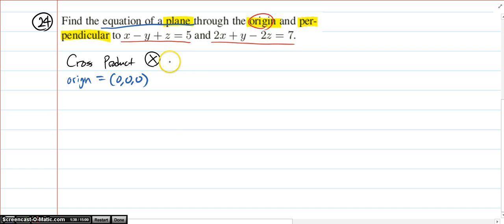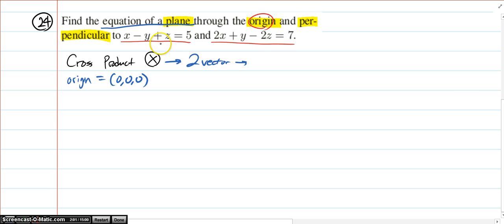One of the reasons why we use cross product is that by using the cross product of two vectors, we get a third vector that is perpendicular to both of the two vectors that were used in the cross product.